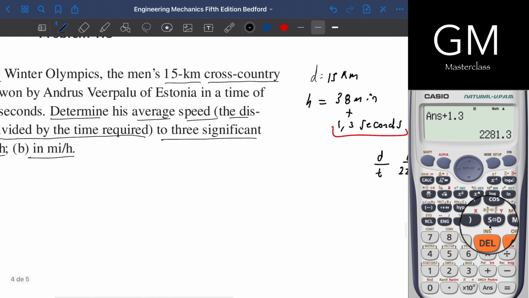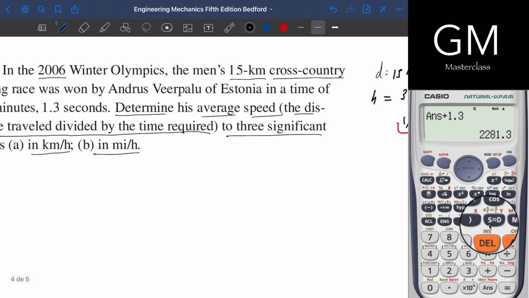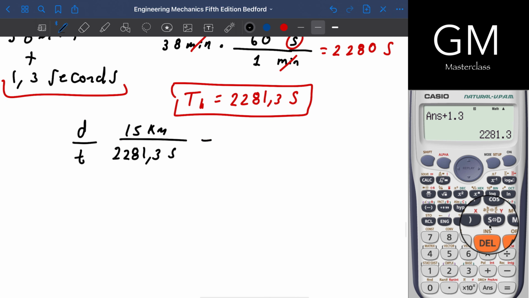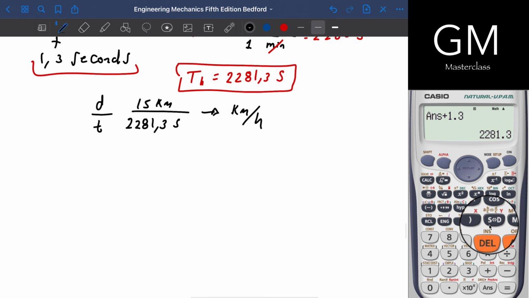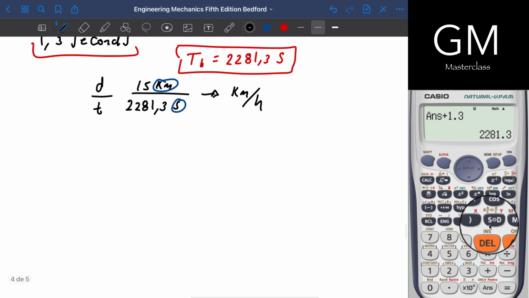So I'm being asked to transform those into kilometers per hour. I have already the distance in kilometers, so I just have to transform the seconds into hours. So that is what we're going to do. 15 kilometers by 2,281.3 seconds.